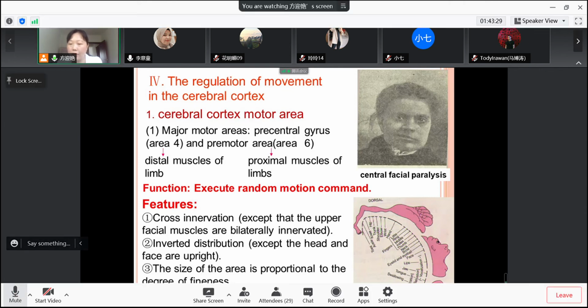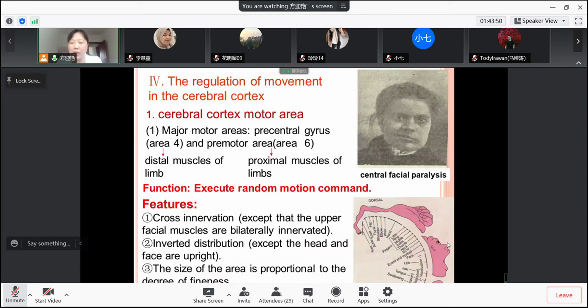Okay, and I hope you know that for the head or face, except for the lower facial muscles, the upper facial muscles are bilaterally innervated.